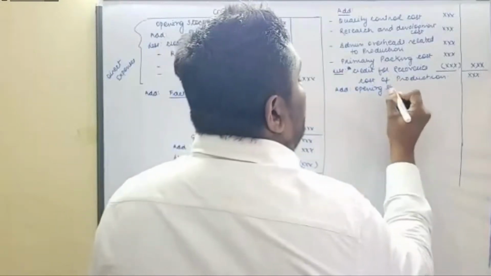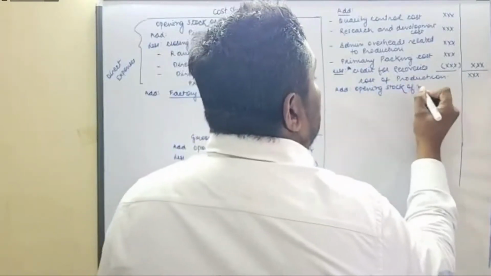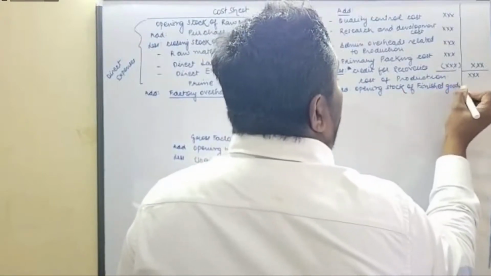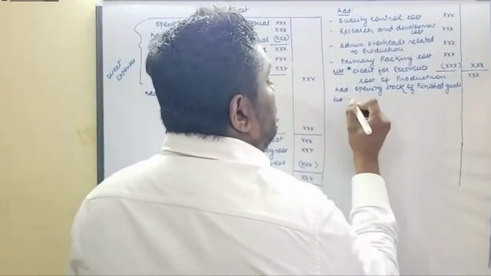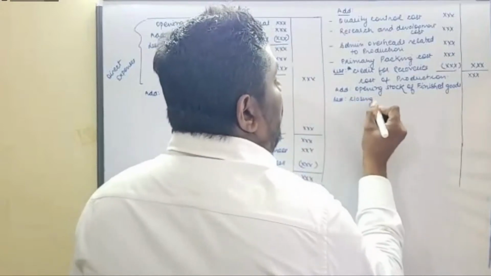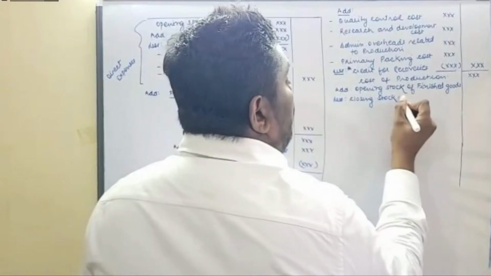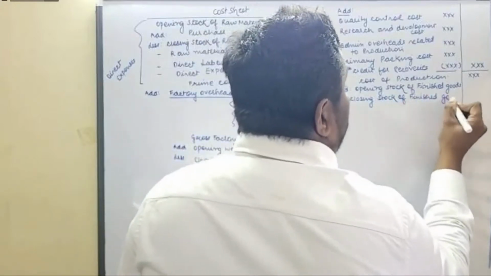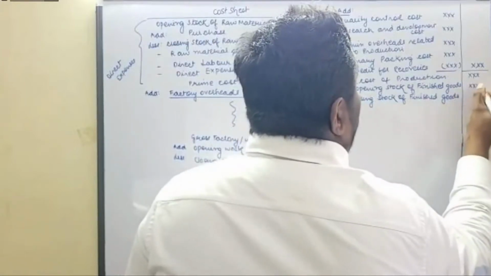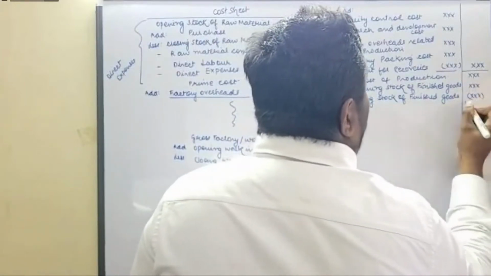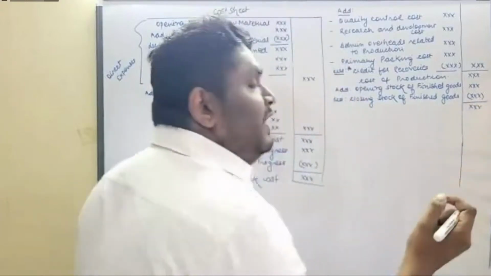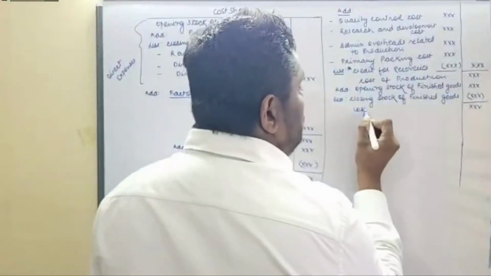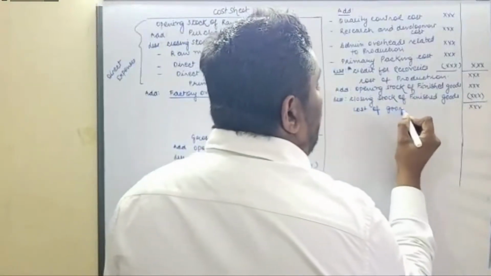So we will add opening stock of finished goods and we will deduct closing stock of finished goods, to calculate the cost of the units that are actually sold in the market. So that is called cost of goods sold.